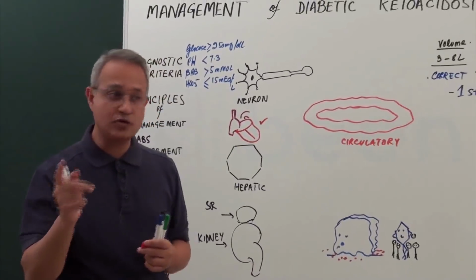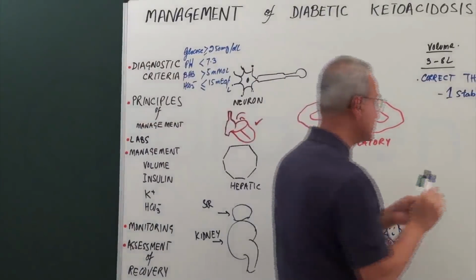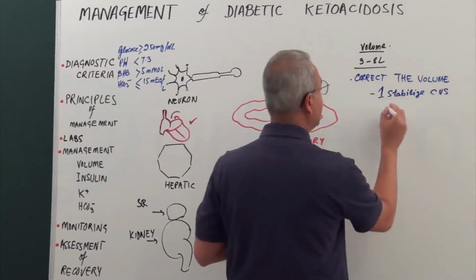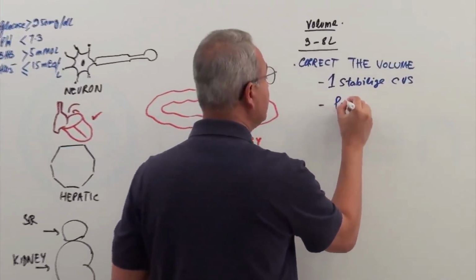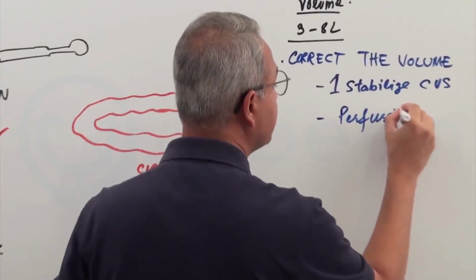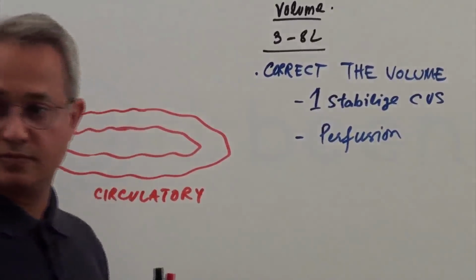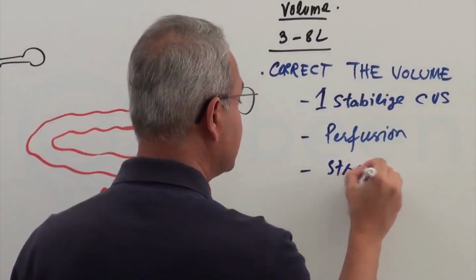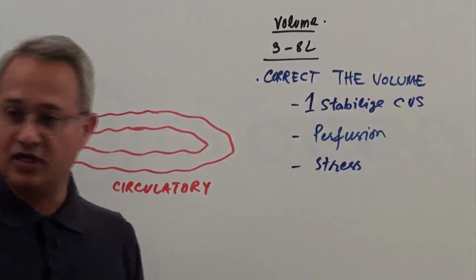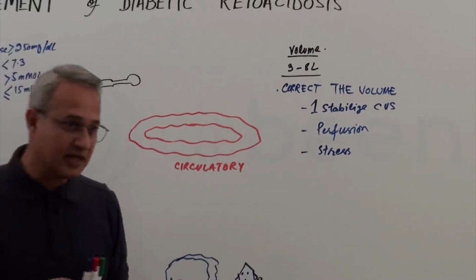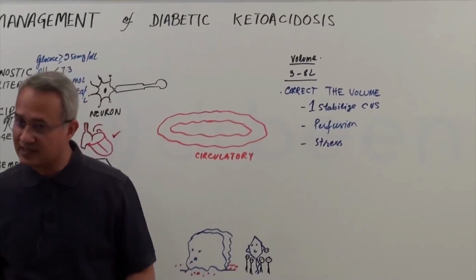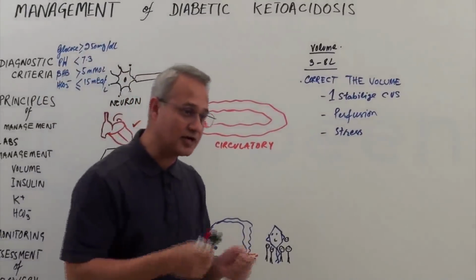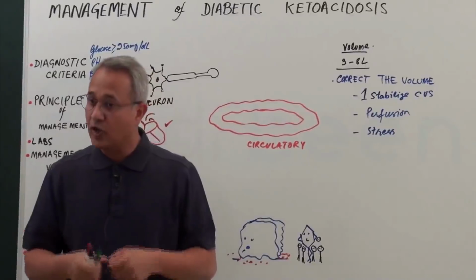Now that would also reduce the stress. So what would happen as a result? Perfusion will improve, right? And stress on the body will reduce. What does that mean? When the body is in a hypovolemic state, when the tissue perfusion is less, the body is releasing epinephrine and cortisols and other hormones to help itself.